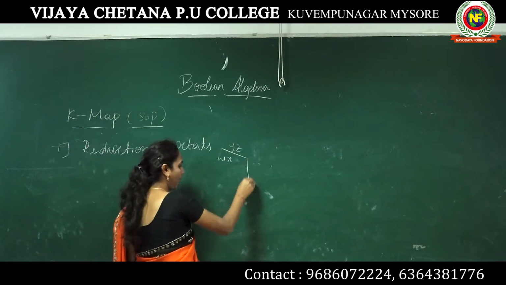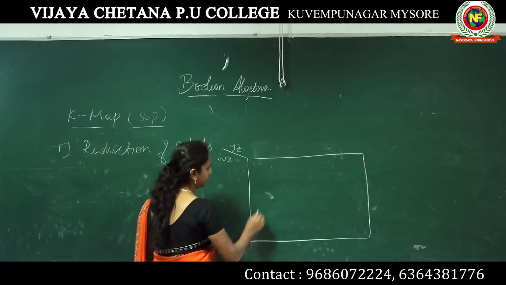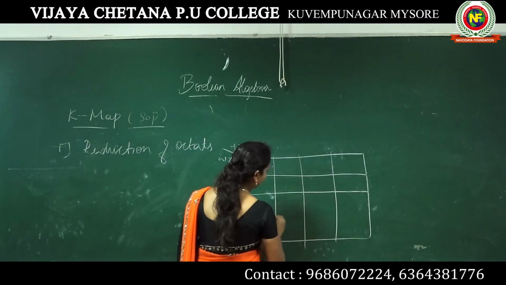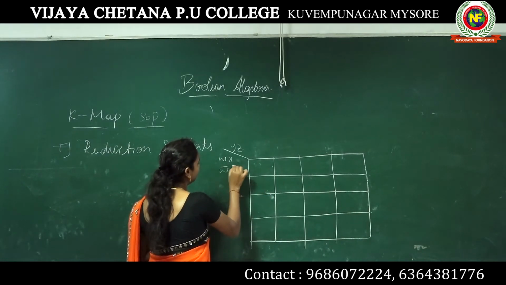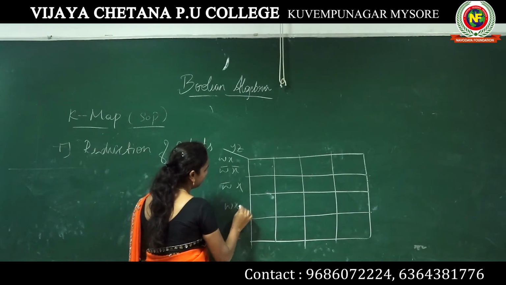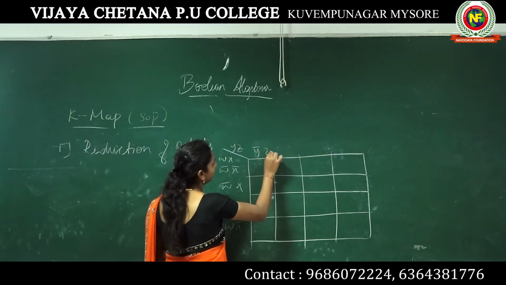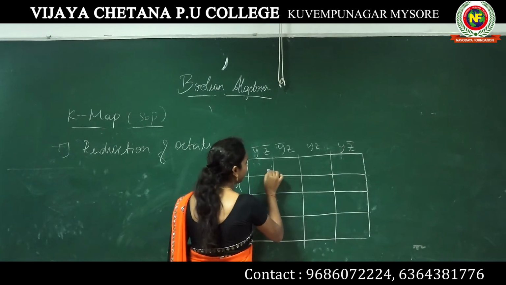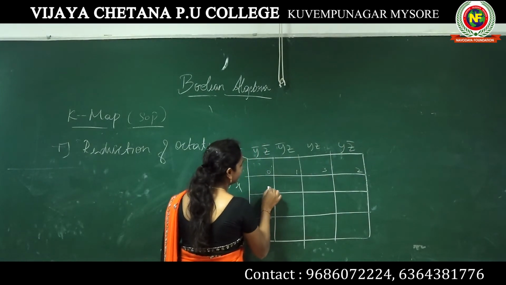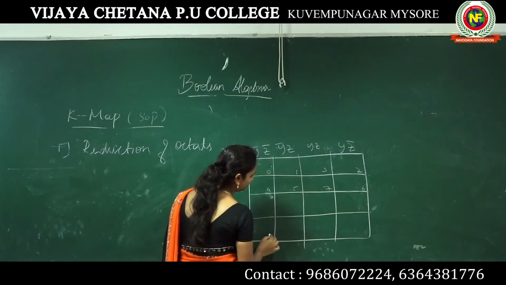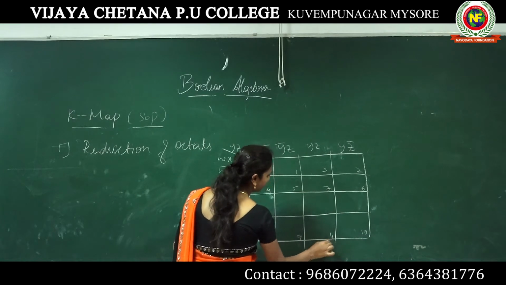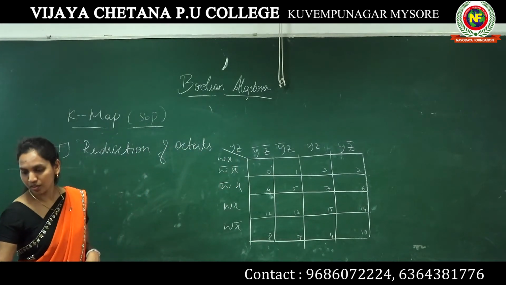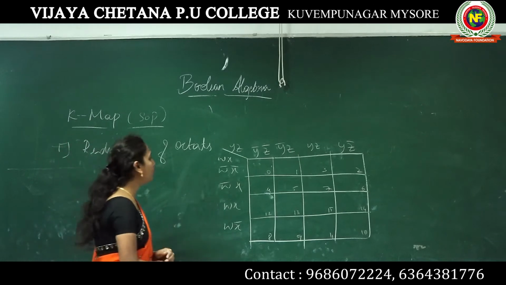Again we have to write the K-map. So how to make an octet?